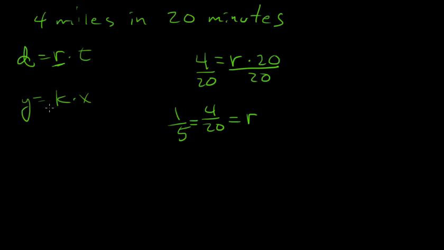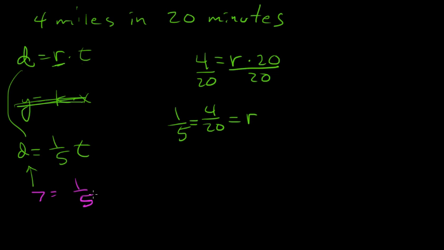So now I can rewrite this equation as distance equals 1/5 times the time. So now I want to know how long it takes him to travel 7 miles. So let's put a 7 in here, and let's change colors because we've been using green long enough. 7 equals 1/5 times time. How do I solve this equation? I multiply both sides by 5. Why would I do that?